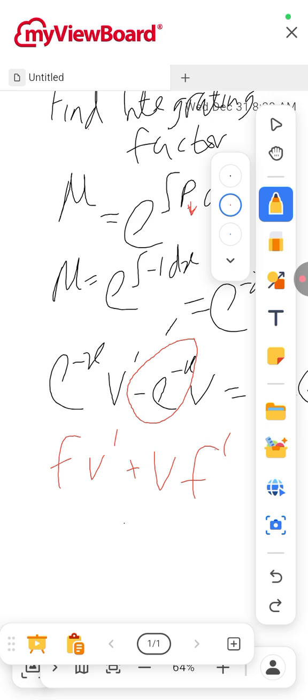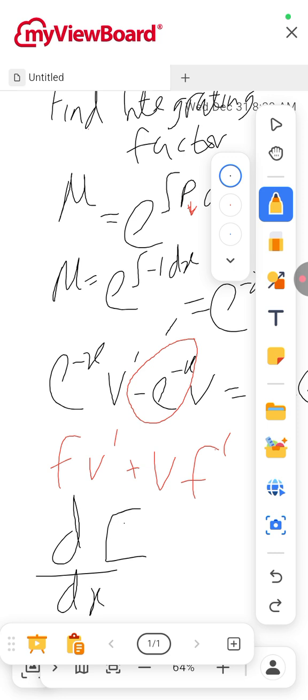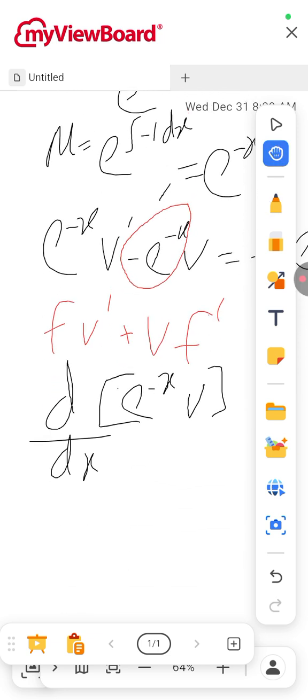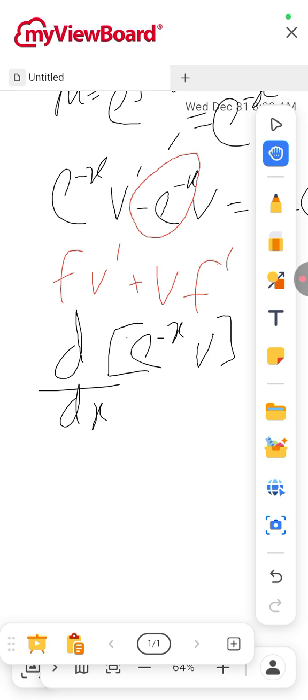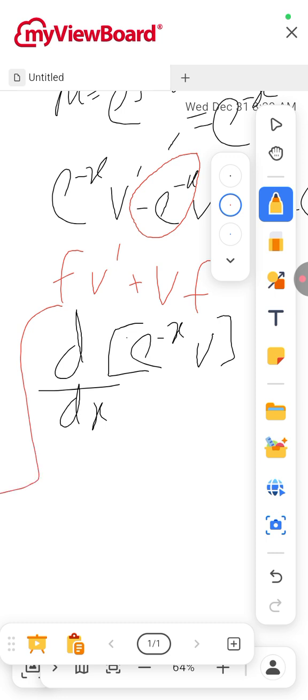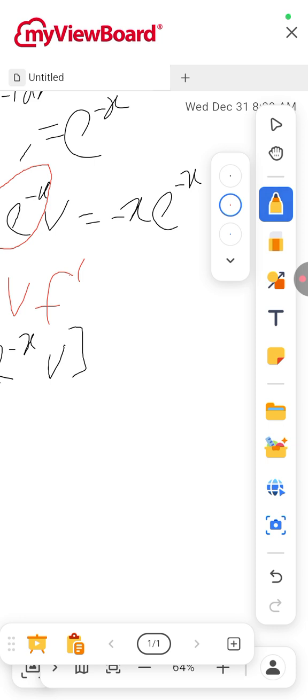So that means I can write this left hand side as differentiation with respect to x of e raised power minus x times v. So I can now integrate it. And remember, integration is the opposite of differentiation.